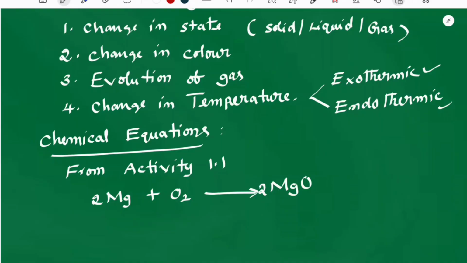But if you use sentences, the books can occupy more space, and understanding is also a little difficult. So the sentence form is converted to a word equation.